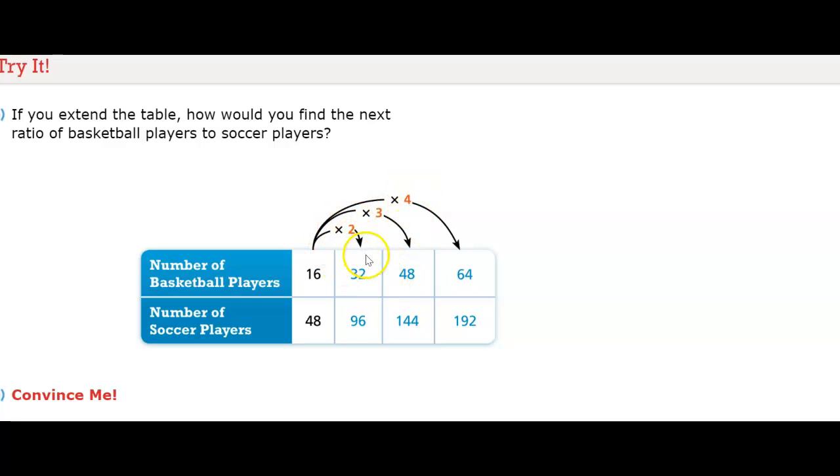So first was 16 times 2 for both 16 and 48, then times 3 for the 16 and 48, and then times 4. So if we wanted to find the next set of ratios, we would multiply by 5. That would be the next number we can multiply by. So that's all you had to write. It did not ask us to solve it. It just wanted to know how we would do it.